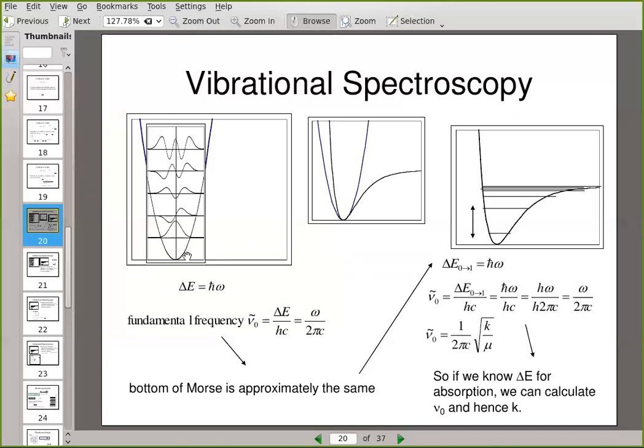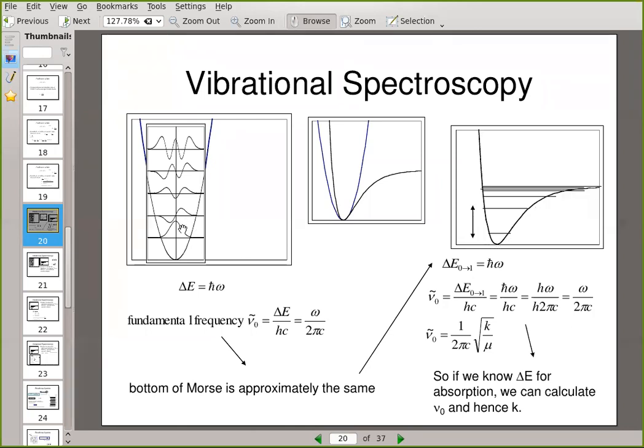So I'll just remind you that solving the one-dimensional Schrodinger wave equation for a pair of particles connected by a spring in a harmonic potential gives equi-spaced energy levels. Of course, in reality, diatomic molecules are represented more by a Morse potential.